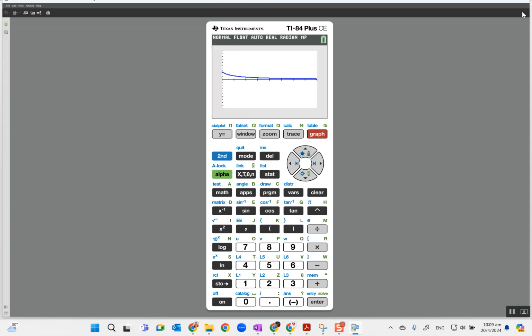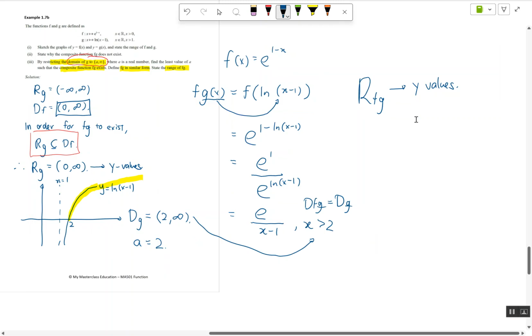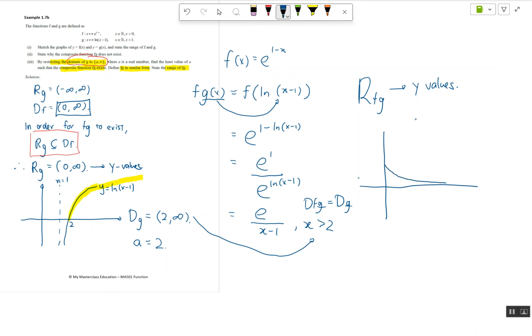It is going downwards. It looks like the original graph. So I'm going to draw this out. Sorry, it's not going to start from here. I only start from when x is 2, because the domain of fg depends on the domain of g, and I can only start at 2.